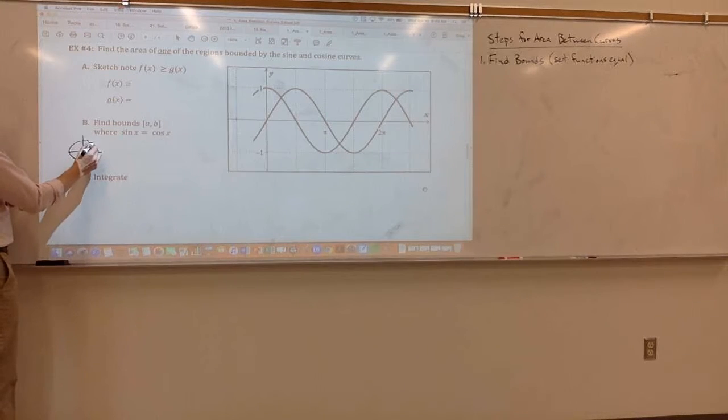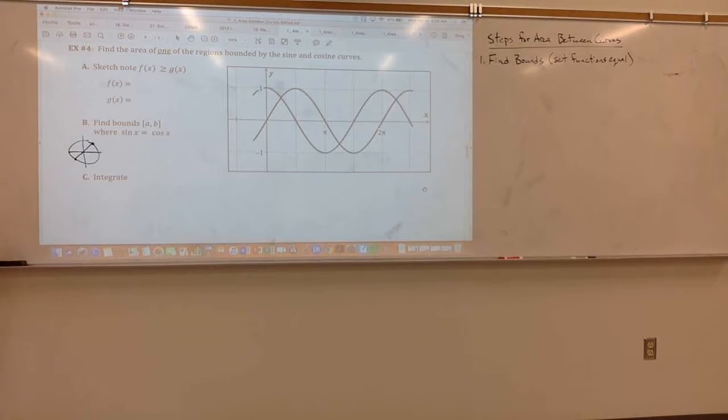Right, so we've got here at 45 degrees, or pi over 4. And on the exact opposite side, where both values are negative square root of 2 over 2. So generally, we want to think about radians instead of degrees. So we would use pi over 4 and 5 pi over 4.